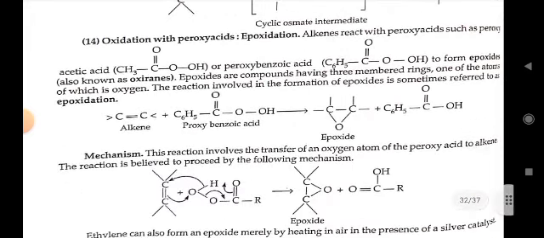Oxidation with peroxy acids, epoxidation. Alkenes react with peroxy acids such as peroxyacetic acid or peroxybenzoic acid to form epoxides, also known as oxiranes. Epoxides are compounds having three-membered rings, one of the atoms of which is oxygen. The reaction involving the formation of epoxides is sometimes referred to as epoxidation.